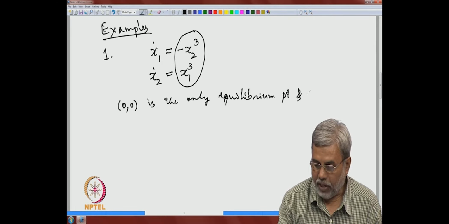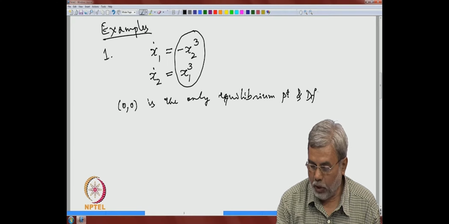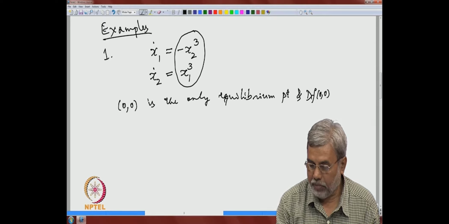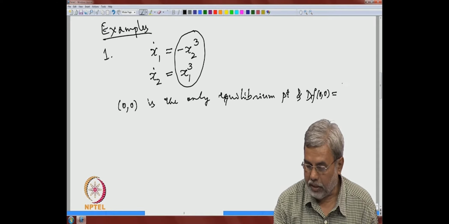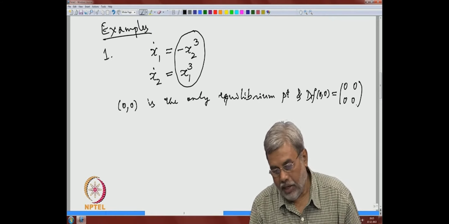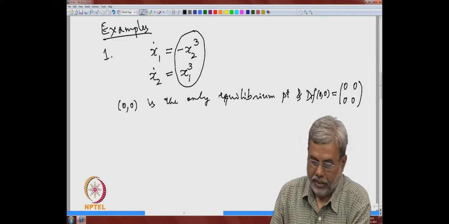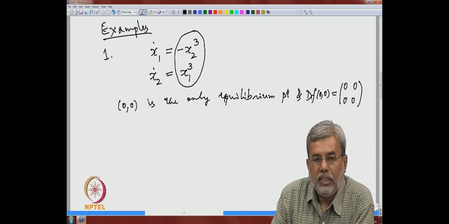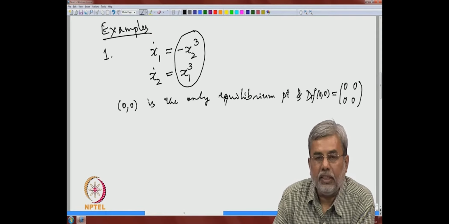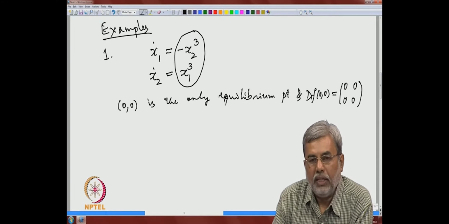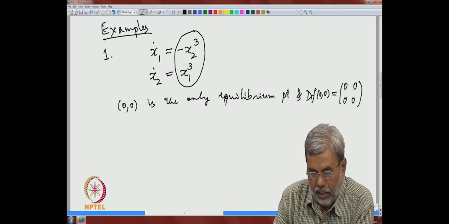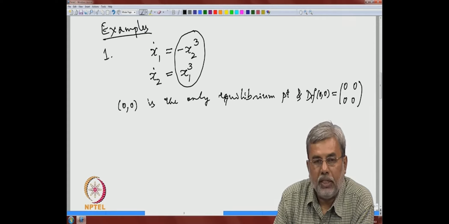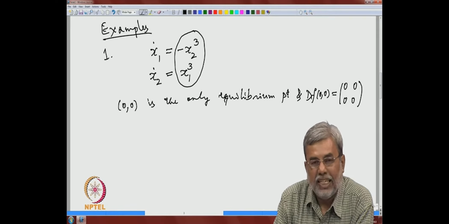If we calculate the Jacobian of this system at this critical point, it is just the 0 matrix. We have already seen in the study of linear systems, when the coefficient matrix is singular, that situation is described as a degenerate system.